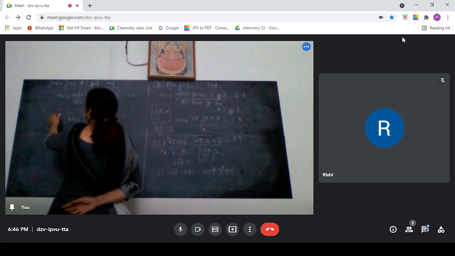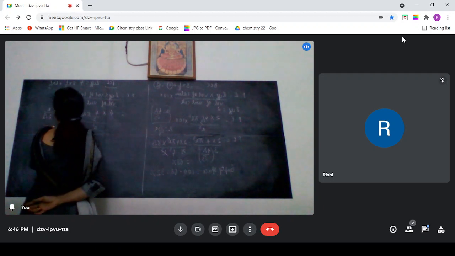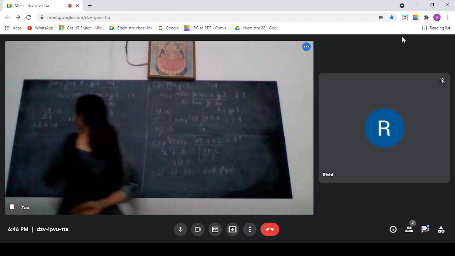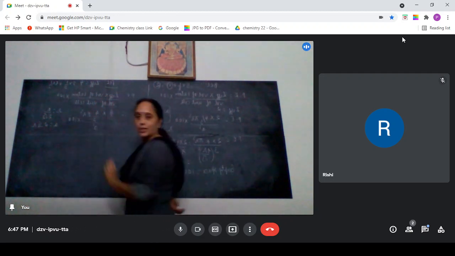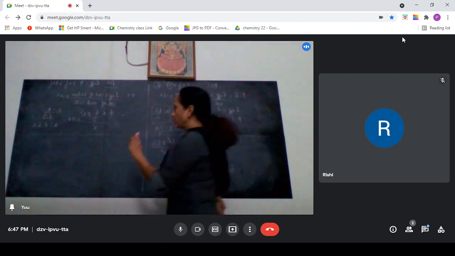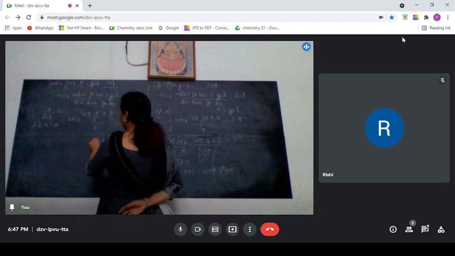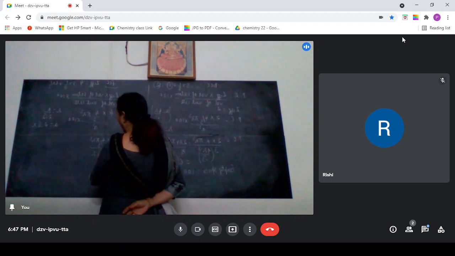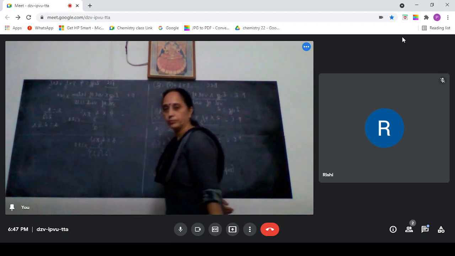For this, R is equal to A by 2 root 2, or A is equal to 2 root 2 R. We have done that; that is why I did this relationship first to show that. So this will be 4 into 4 by 3 pi r cube by 2 root 2 r whole cube into 100.